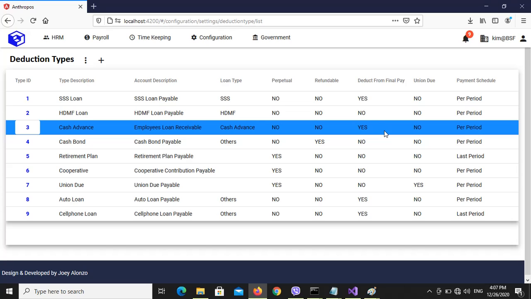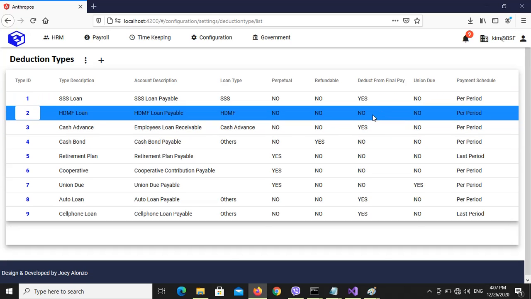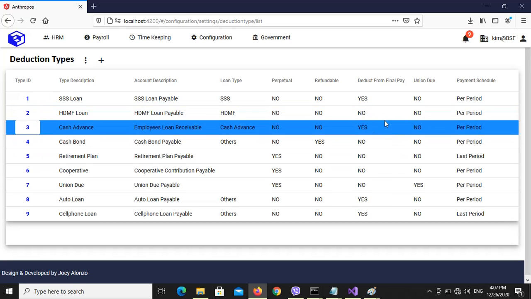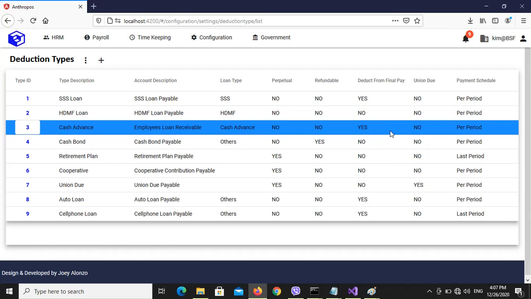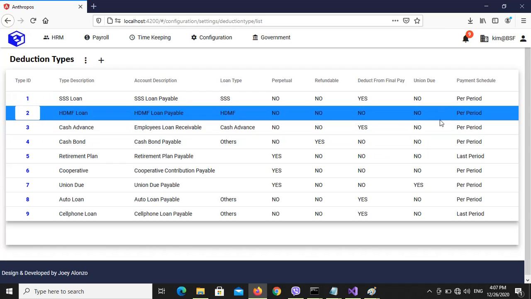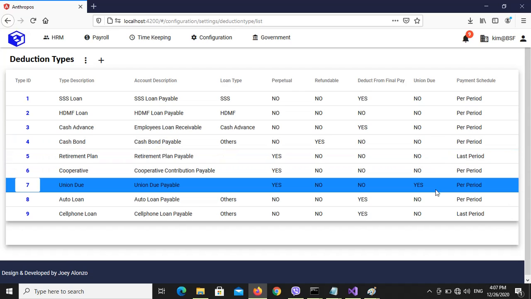So aside from income, of course, there are some deductions. So if this deduction will be deducted from the final pay, then you need to specify that it is yes. Okay. And then here, whether it is union due or not. So this one is union due, so therefore we put it here yes.